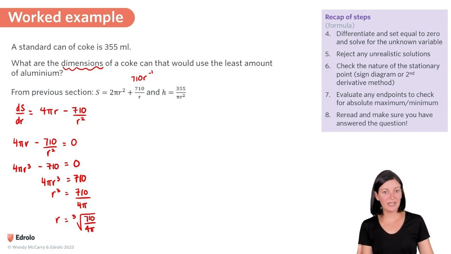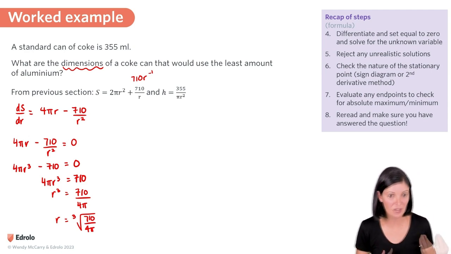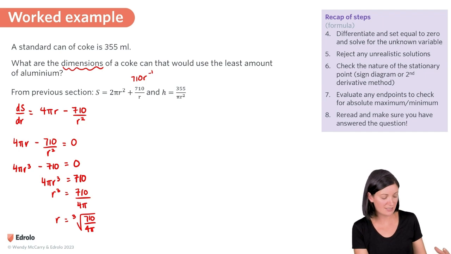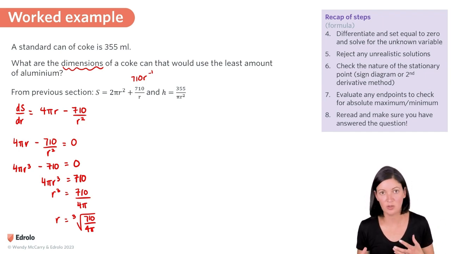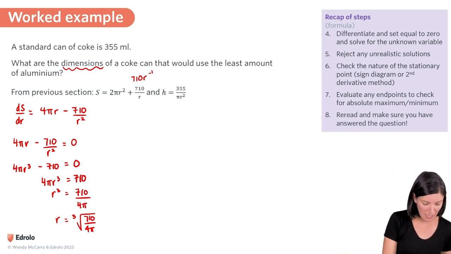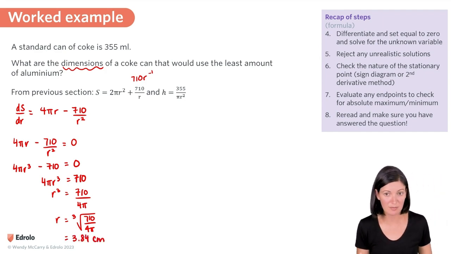Now, obviously, something like this, if you were expected to answer as an exact value, you would leave your radius like this. Often, within a context, you might be asked to round to 2 decimal places. So you can just pop that into your calculator, and you end up with 3.84 centimeters, correct to 2 decimal places.